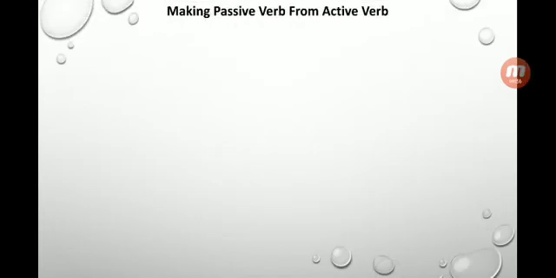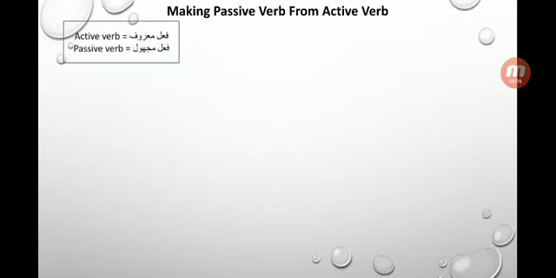In this lesson we are going to look at how passive verb is made from active verb. From the glossary you should remember that active verb in Arabic is called fi'l ma'ruf, while passive verb is called fi'l majhul.